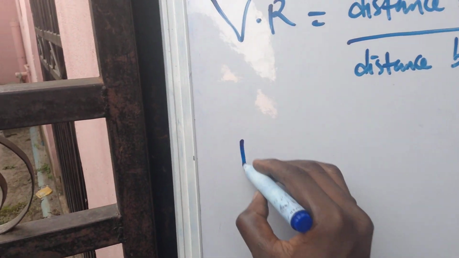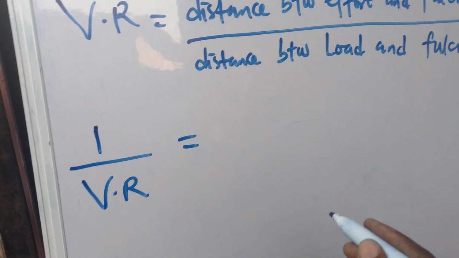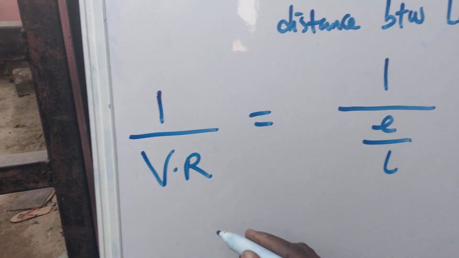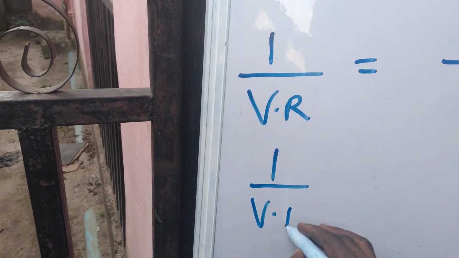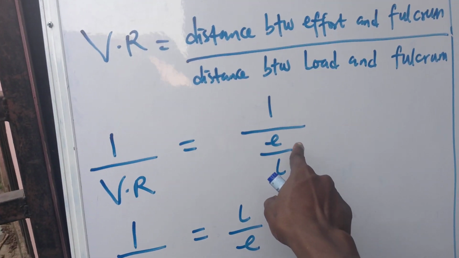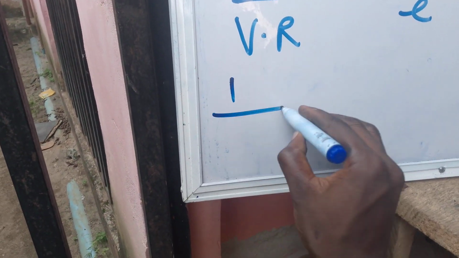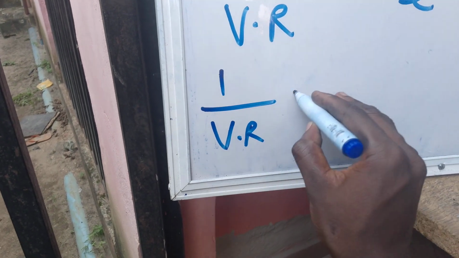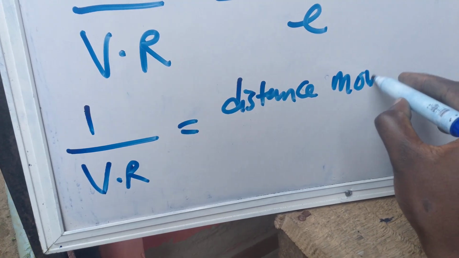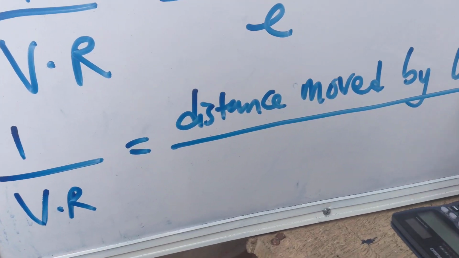Also, we should know that the reciprocal of velocity ratio is equal to the reciprocal of e over l. That means the reciprocal of velocity ratio is equal to l over e. That is, when I take the multiplicative inverse of this, I'll have this. Mathematically, the reciprocal of velocity ratio is the distance moved by load over the distance moved by effort.